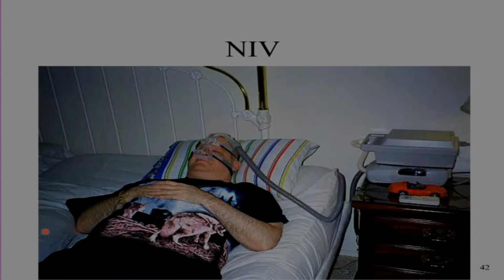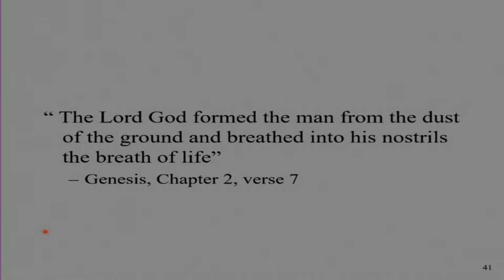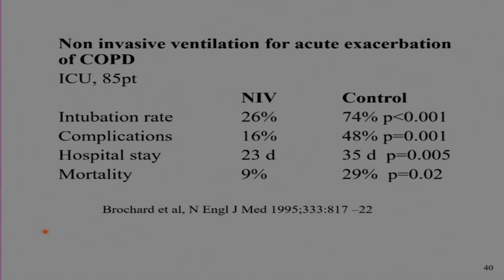When you look at the literature, it goes back to ancient times. The evidence is telling you that it started a long time ago, according to the Bible. But the first randomized controlled trial was in 1994-95, and this is the trial by Brochard and others, published in the New England Journal of Medicine in 1995.